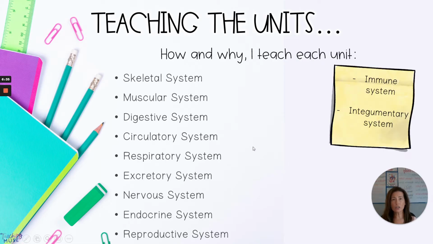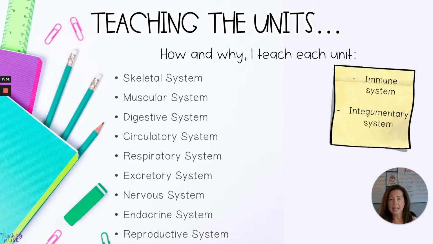So when teaching the units of the human body systems, this is typically the order that I teach them in. After we learn about body organization, the first body system that I tackle is the skeletal system. I like to start with the skeletal system for a couple of different reasons. First of all, I think the skeletal system is incredibly easy.